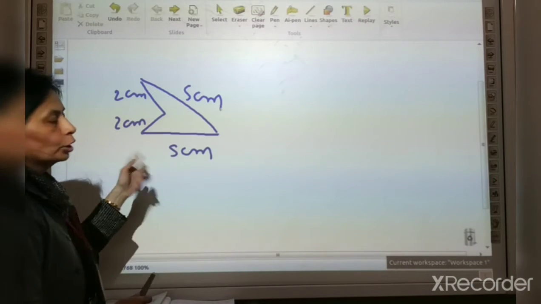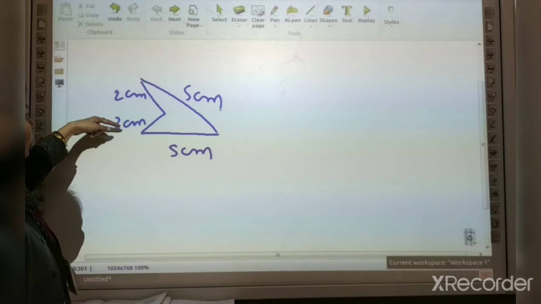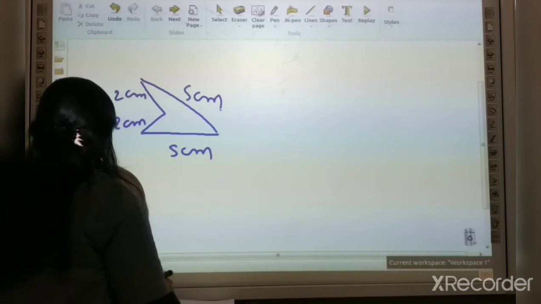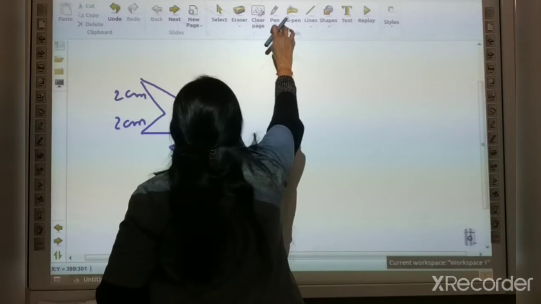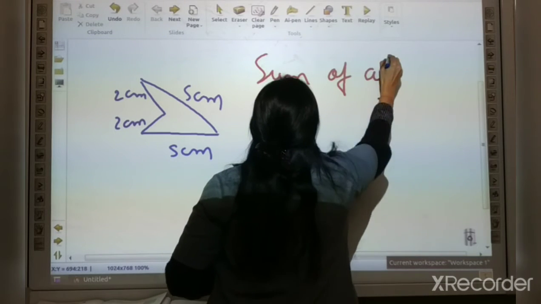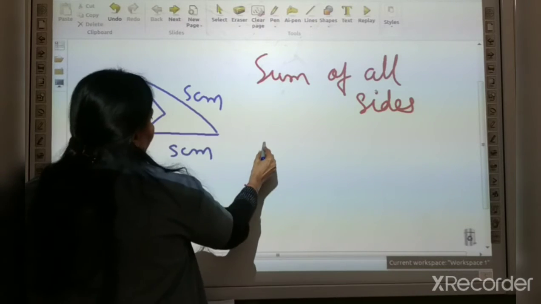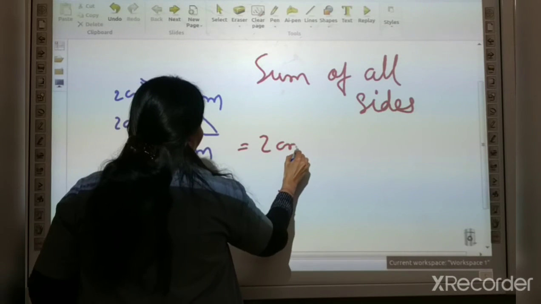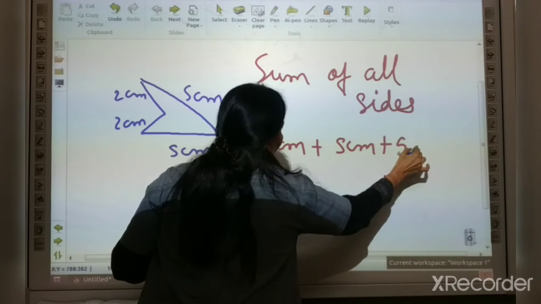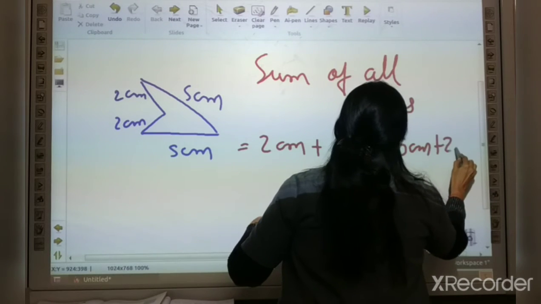So you know very well, perimeter is the sum of all sides of a closed figure. 2 centimeter, 2 centimeter, 5 centimeter, and 5 centimeter. First you write the sum of all sides: 2 centimeter plus 5 centimeter plus 5 centimeter plus 2 centimeter.